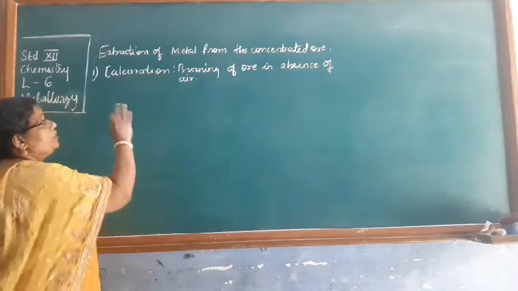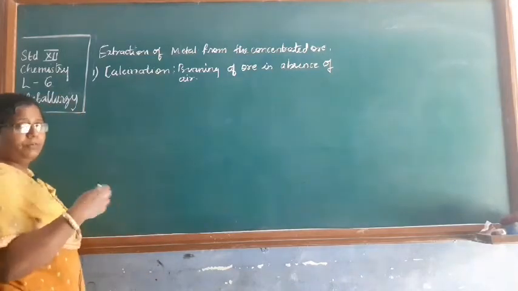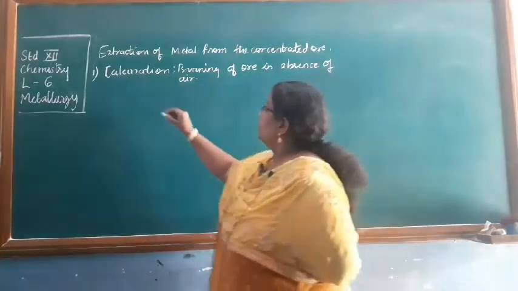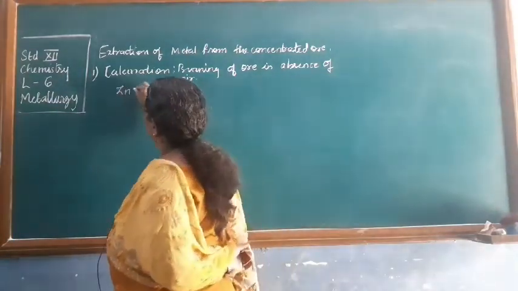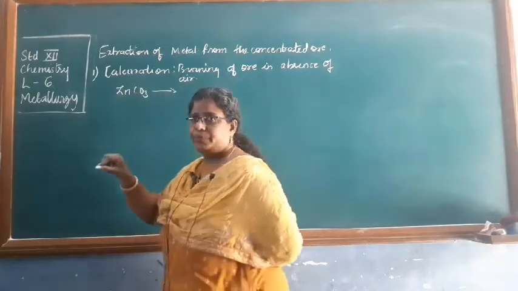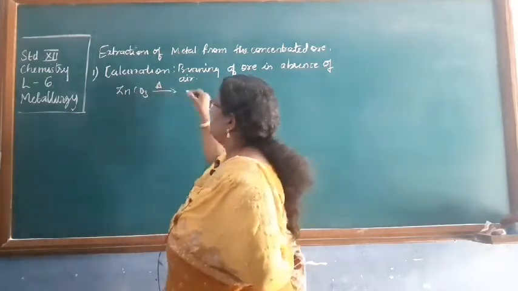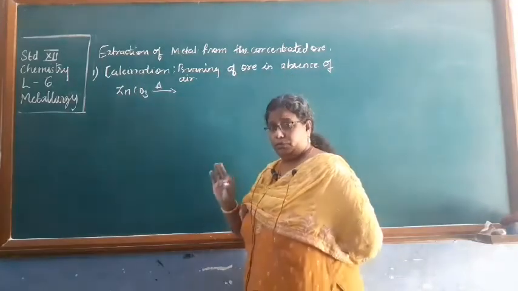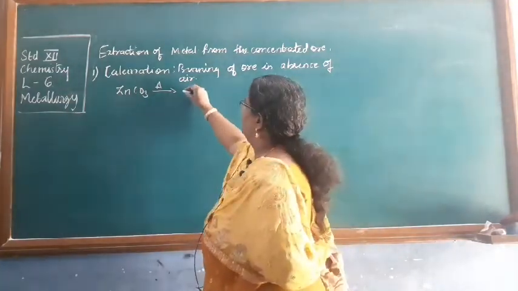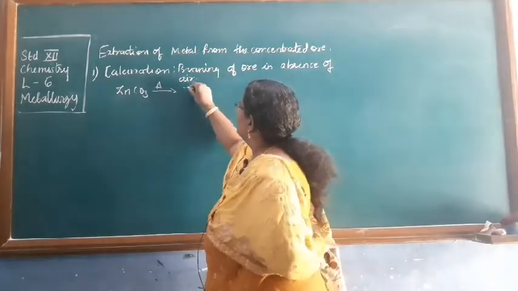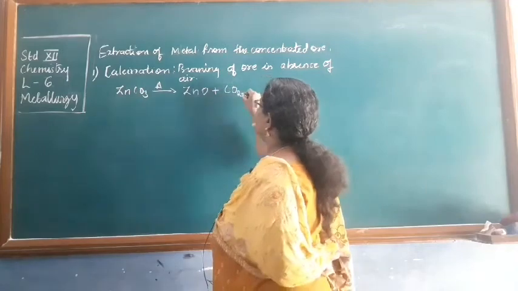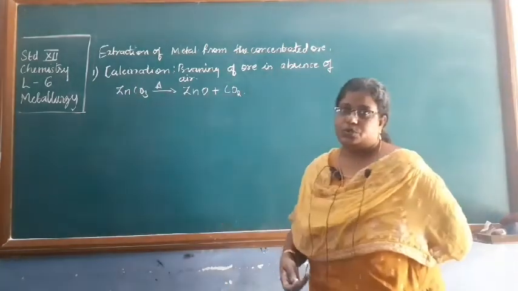Which ores have to undergo calcination? Ores like carbonates, for example ZnCO3. You are heating it in absence of air, so there is no air present. It will get converted to ZnO plus CO2.